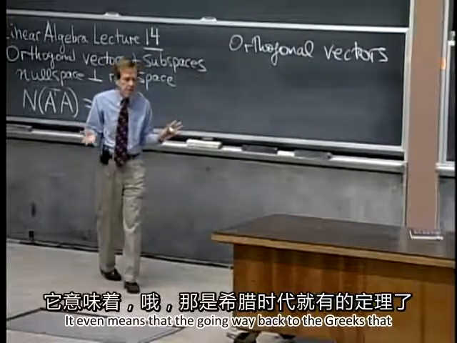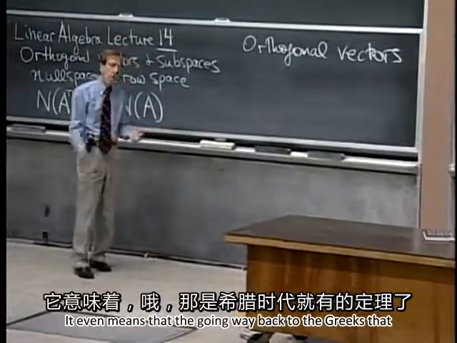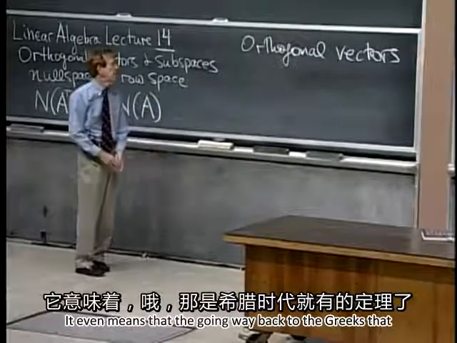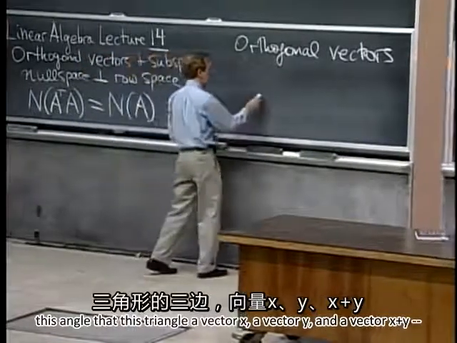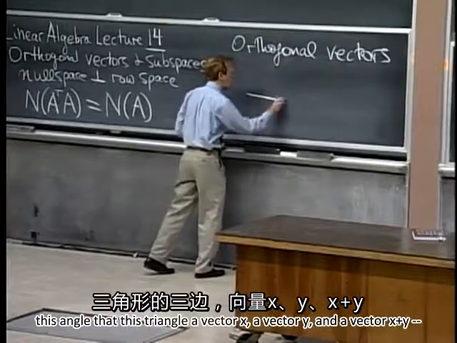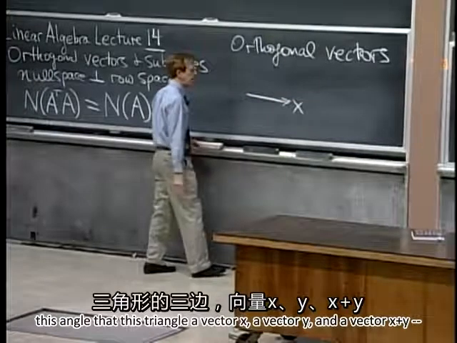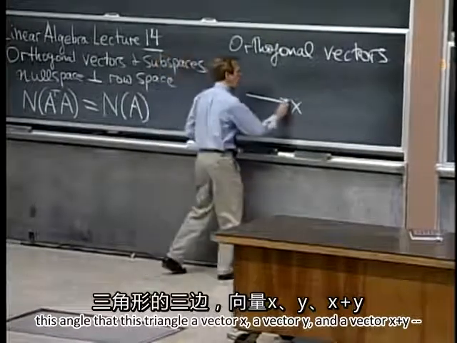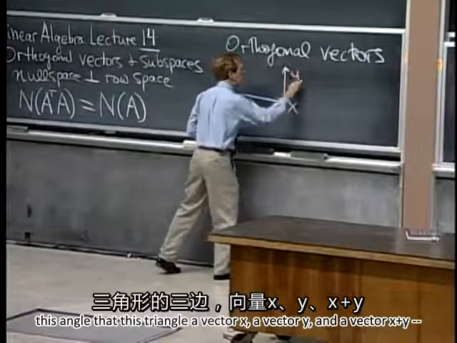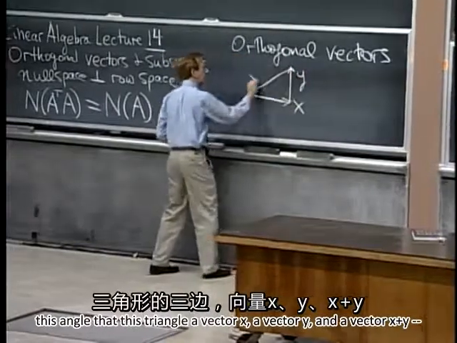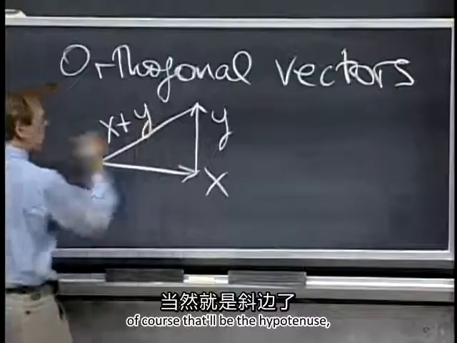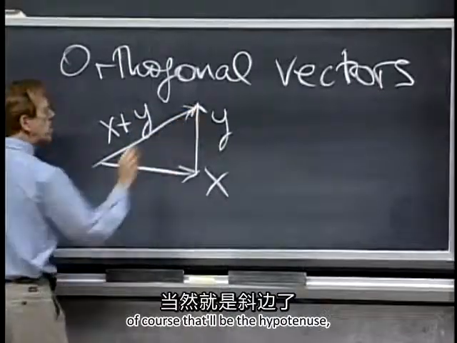It even means, going way back to the Greeks, that this triangle, a vector x, a vector y, and a vector x plus y, of course, that'll be the hypotenuse.